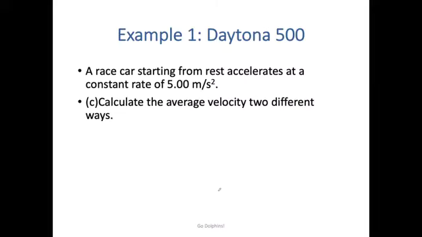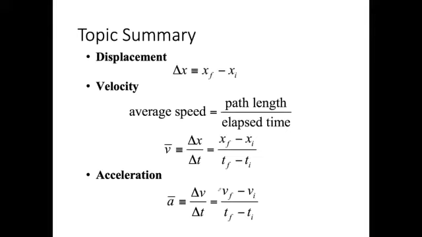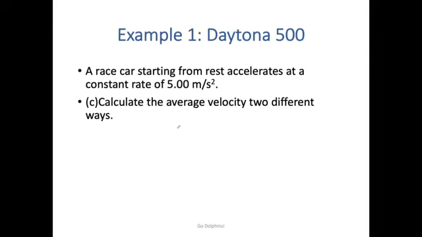And then it asks us to calculate the average velocity. First, we can at least use the definition of average velocity, right? Displacement over time, because we know displacement and we know time now. And we also know initial velocity and final velocity. First, calculate using the first method, the definition: average velocity is displacement over time.